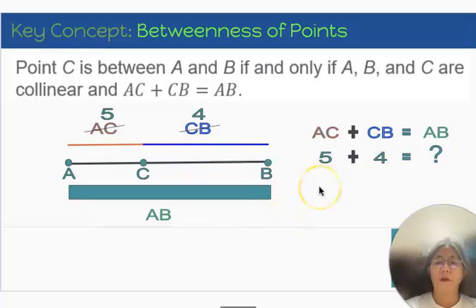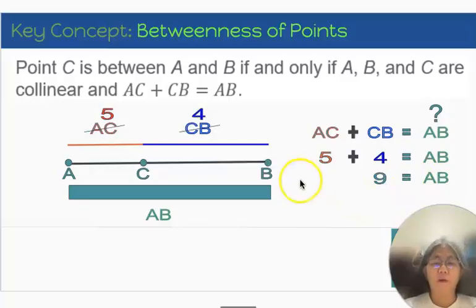Using your algebra, 5 plus 4 is 9, of course. So the length of AB is equal to 9. So that's the idea of betweenness of points. Whenever the whole line segment is missing and you are given the two portions of the line segment, then we can add them, and then you can get the sum or the whole.